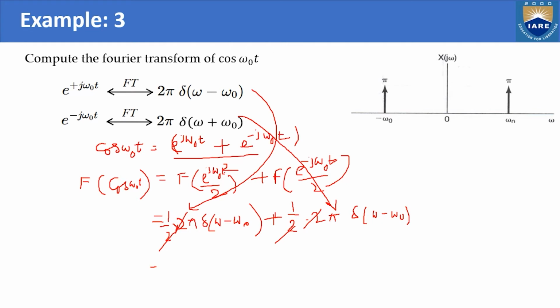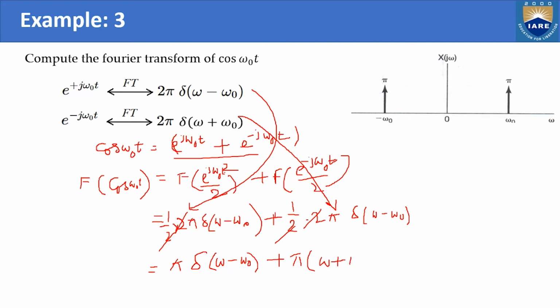So what is the Fourier transform of this cos function? I have pi. The amplitude of the component is pi, and the impulse is located at omega equal to omega naught. There is one impulse at omega naught with amplitude pi, and another impulse at omega equal to minus omega naught.